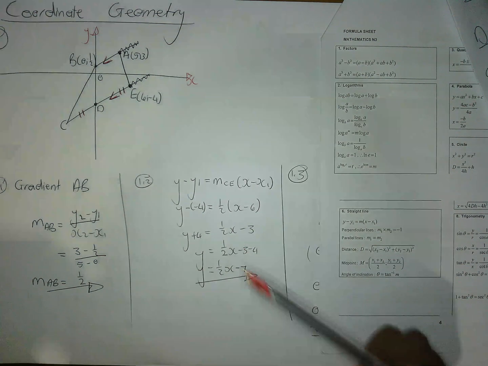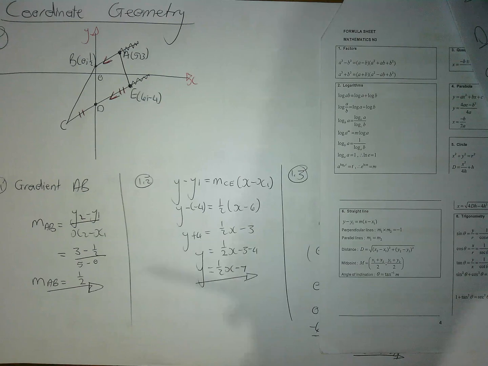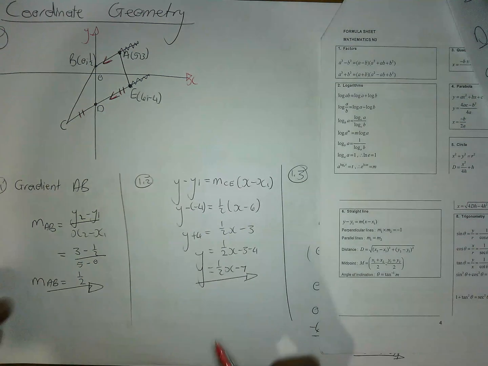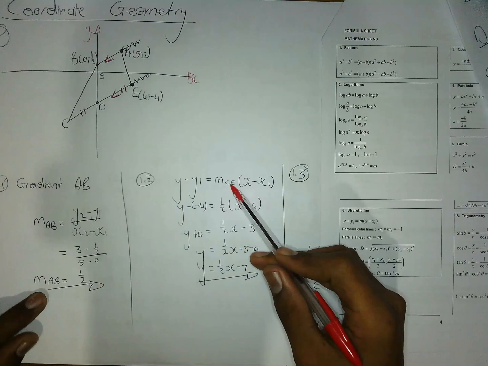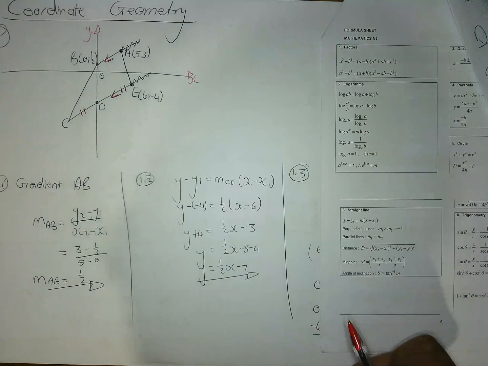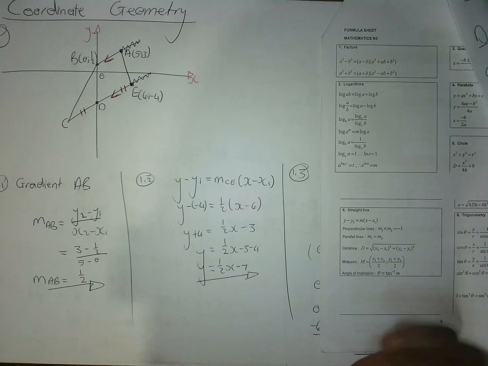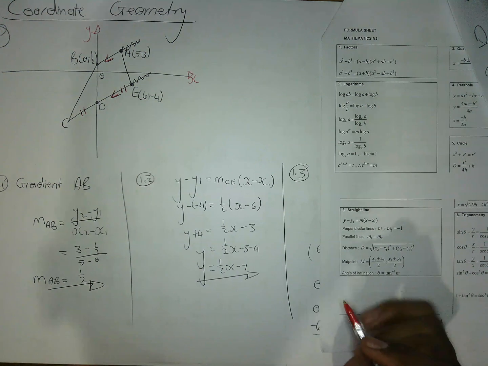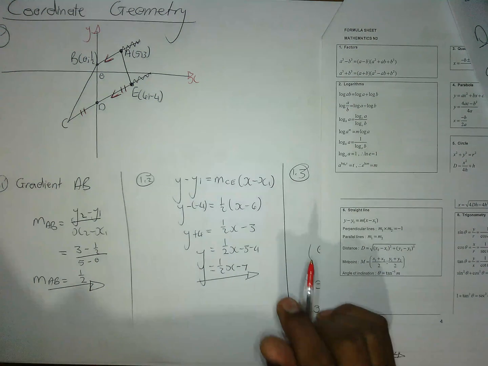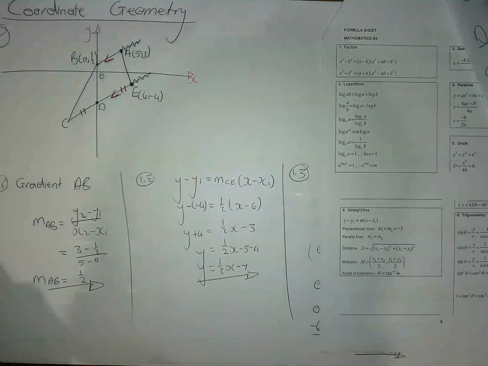Yeah, that's okay. Yes. The gradient of AB is the gradient of CE because they are parallel to each other. So it should be working nicely. Someone is sending me something.